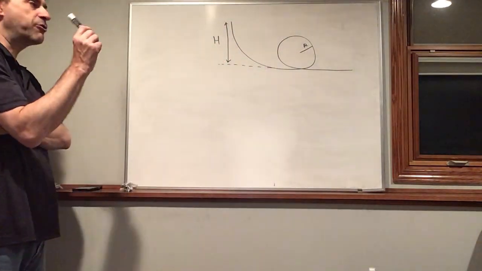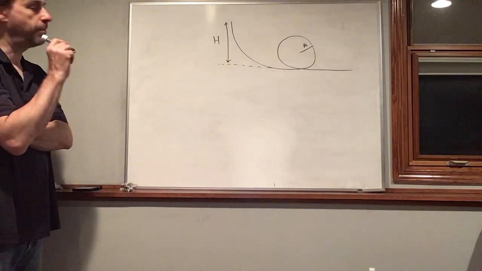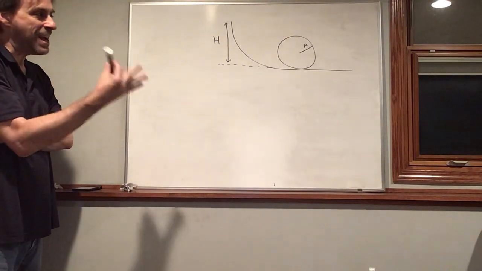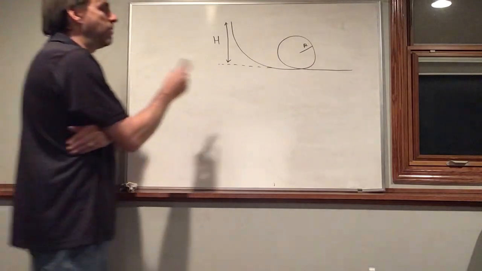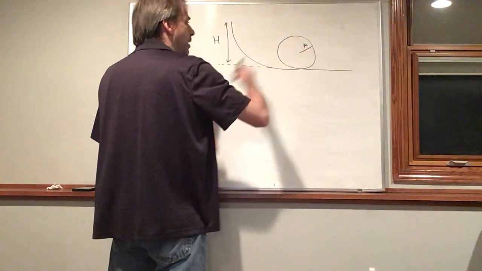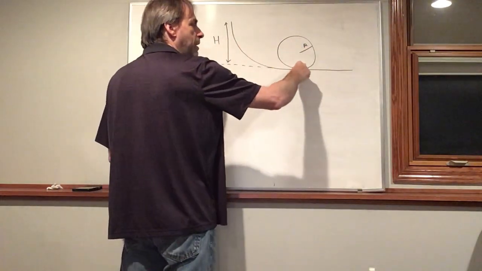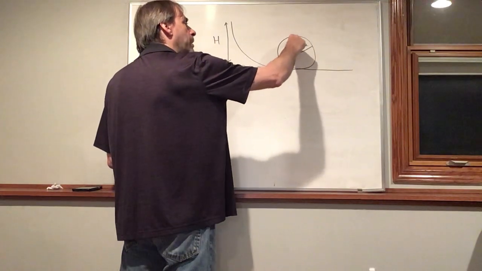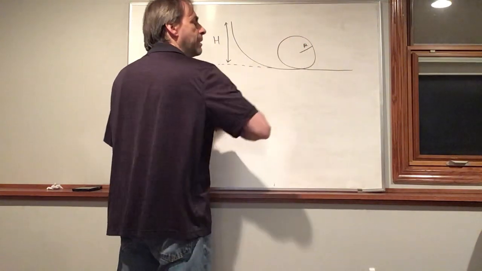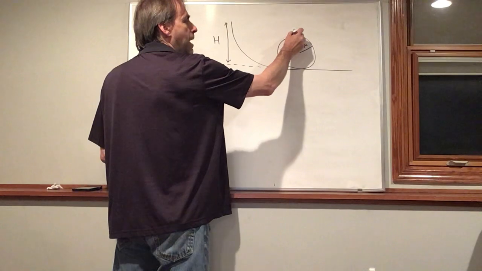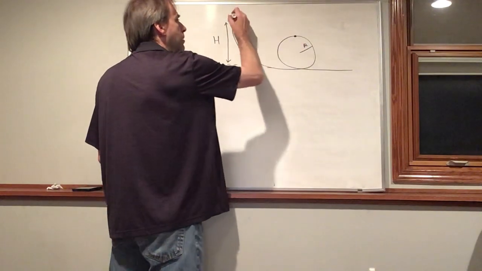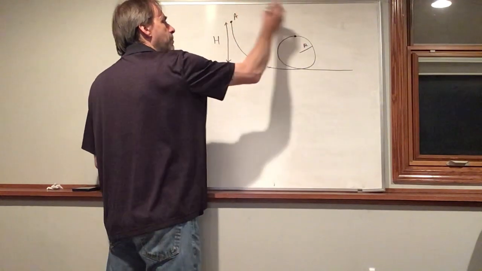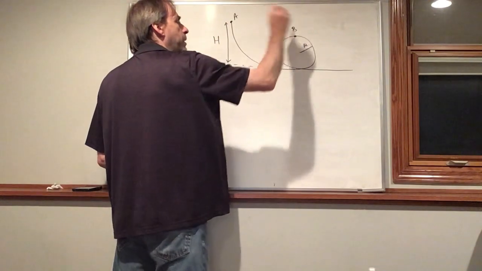So this one is actually kind of a tricky question. Because if it's not going to make it around, there's one point where you're going to have an issue. It's going to be fine here, and then it's slowing down. How do we know if it's going to be going fast enough? If it stops somewhere, it's not going to reach the top. So let's label this point A and this point B.